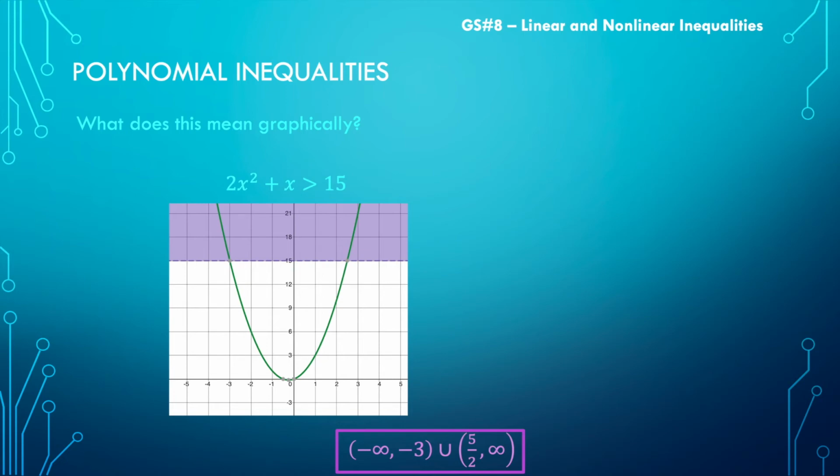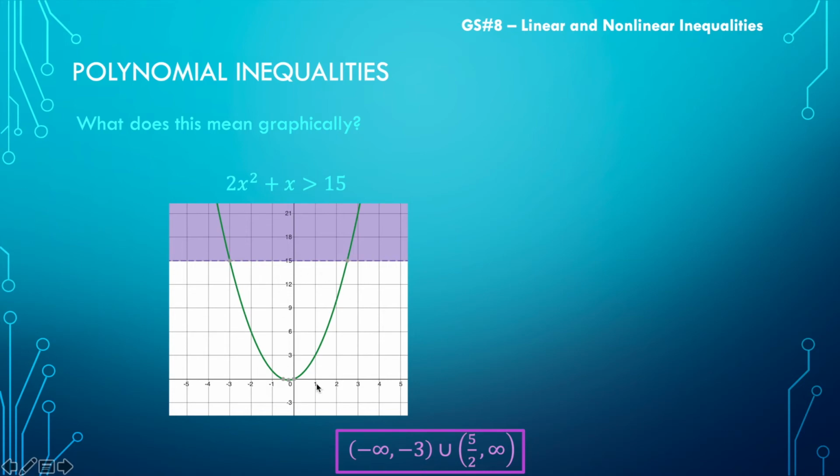What we want to look at is just the shaded area. What's the domain of the green? We're not looking at this piece down here, but what's the domain of this green piece? You can see that that's -infinity to -3. Then over here, we can see that it picks up at about 2.5, also known as 5/2, and it goes all the way up to infinity.